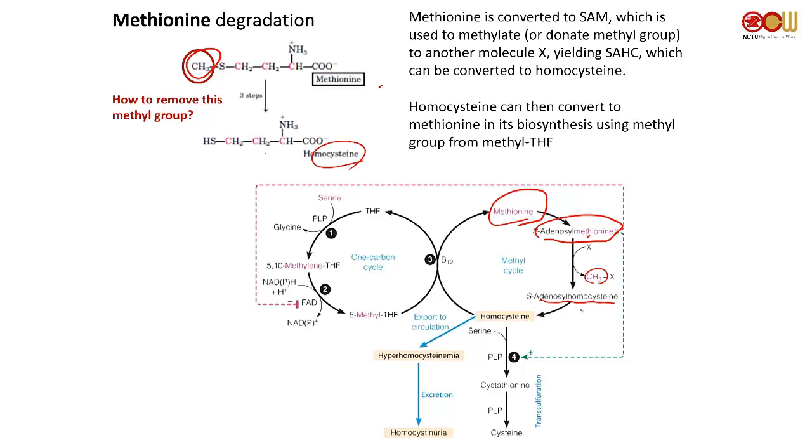Remember that? SAH becomes homocysteine, and homocysteine becomes cysteine. So methionine degrades to cysteine. That should make sense because cysteine and methionine are the only two amino acids that have sulfur in them.